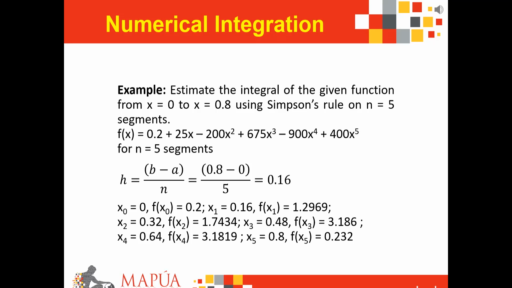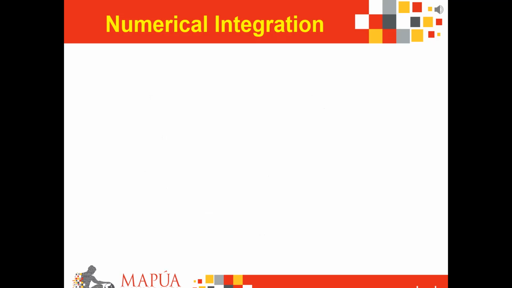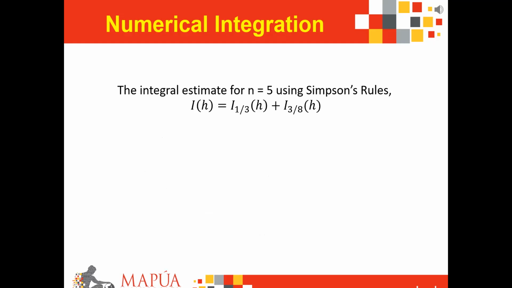upon which we'd end up with an integral estimate solution for the first 2 segments using the 1/3 rule, and added that compositely to your integral estimate using the 3/8 rule.